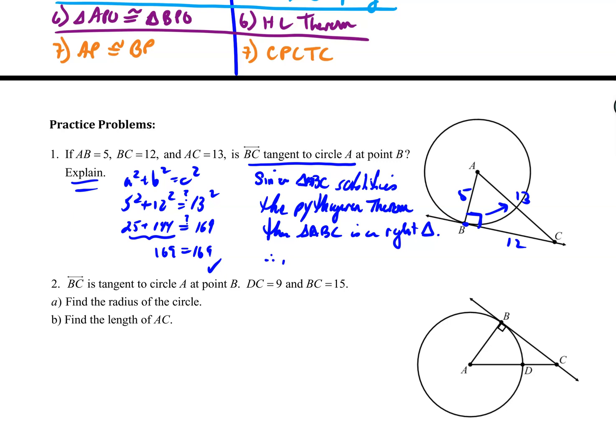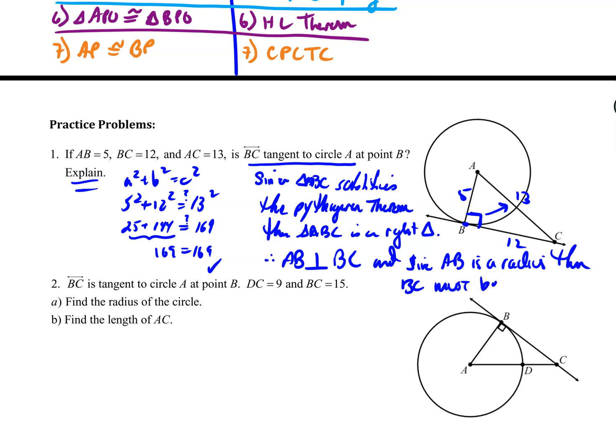Therefore, AB is perpendicular to BC. And since AB is a radius, then BC must be a tangent line.